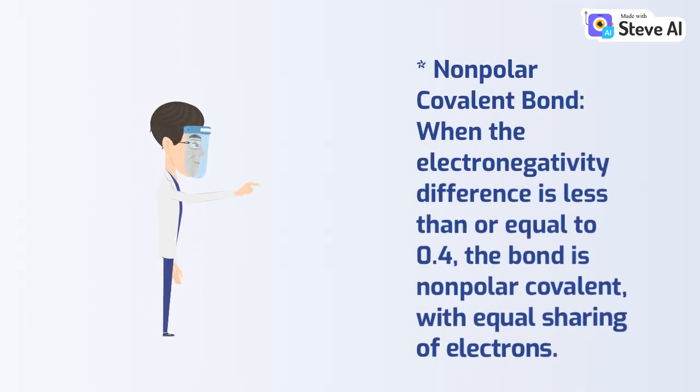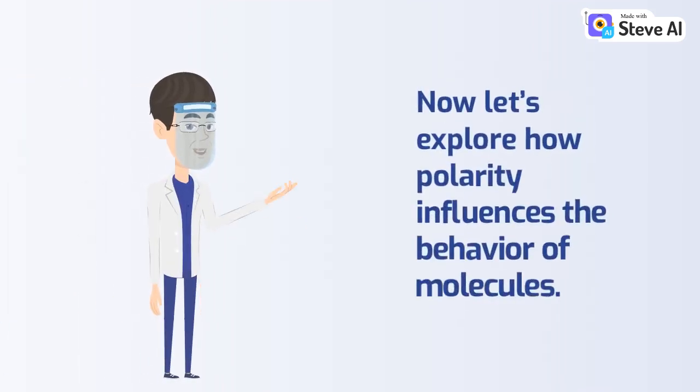Nonpolar covalent bond: when the electronegativity difference is less than or equal to 0.4, the bond is nonpolar covalent, with equal sharing of electrons. Now let's explore how polarity influences the behavior of molecules.